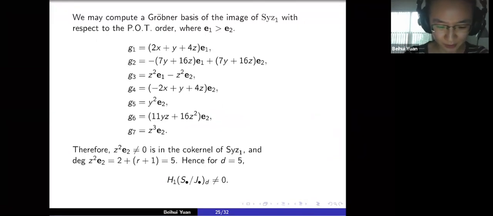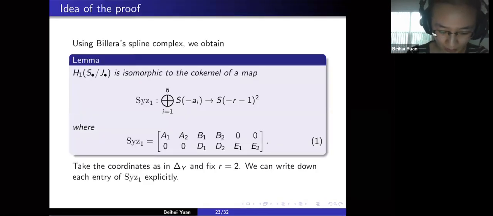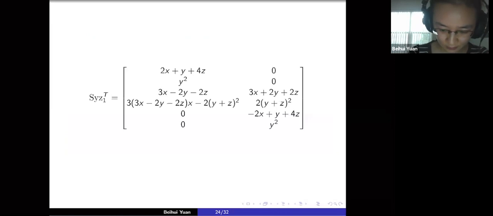Now we may compute a Gröbner basis of the image of this map with respect to position over term order, where E1 is greater than E2. And these two, E1 and E2, are the generators of this module. So they are of degree r+1.